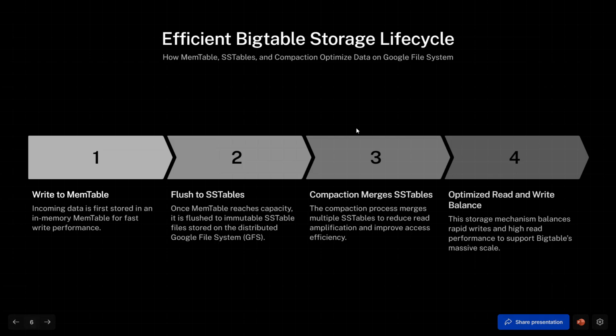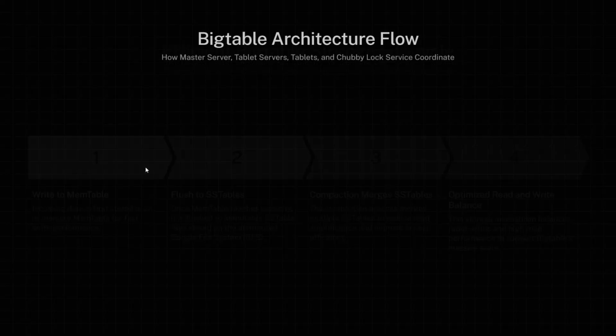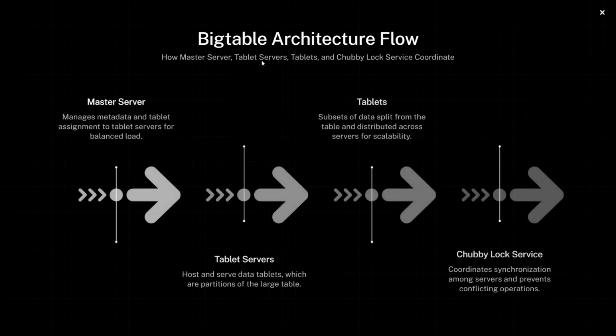The master server handles metadata and tablet assignment to tablet servers for balancing loads. Then tablet servers host and serve data tablets, which are partitions of the large table, subsets of data split from the table and distributed across the servers for scalability.